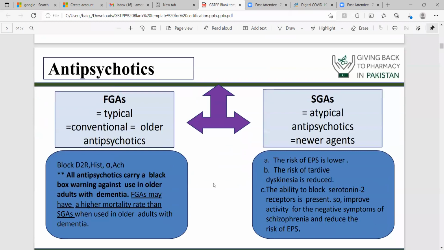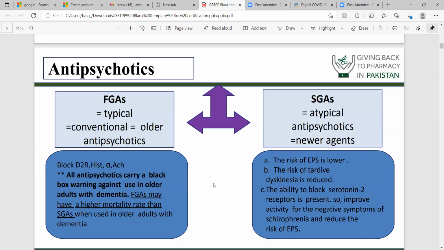Mainly, we have to focus on antipsychotic treatment. Antipsychotic treatments are divided into 2 classes. The first one is typical or conventional older antipsychotics, and the second one is second generation, also called atypical antipsychotics.